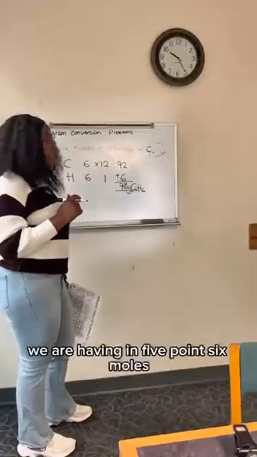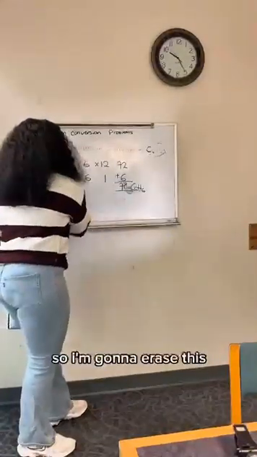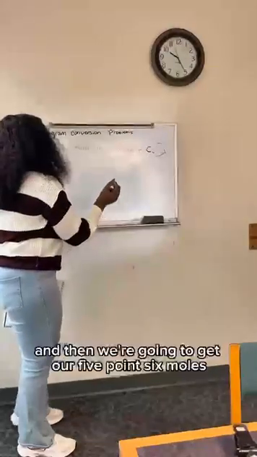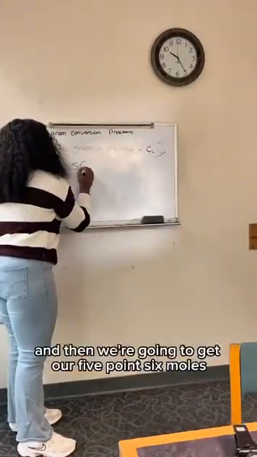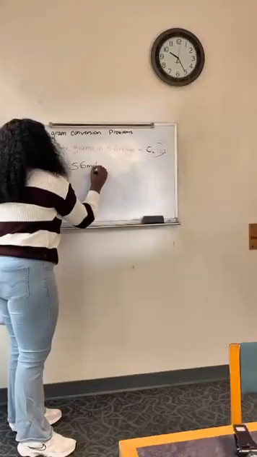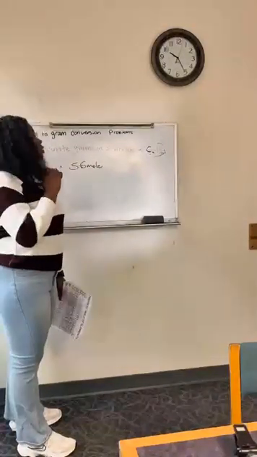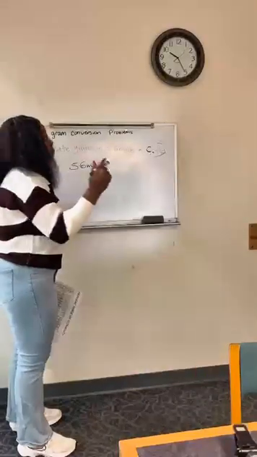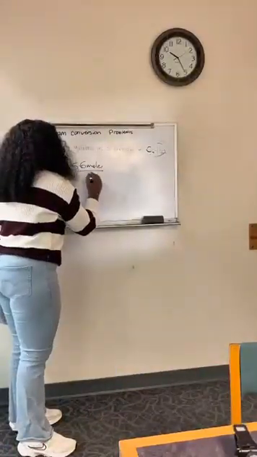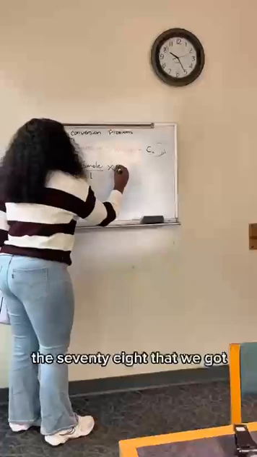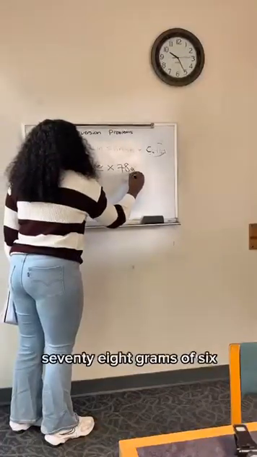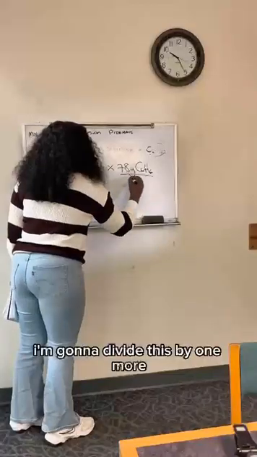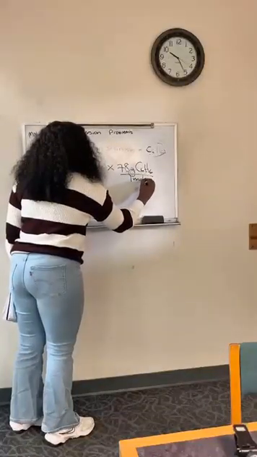Now that we have 78 grams of C6H6, we are going to figure out how many grams we are having in 5.6 moles. So I'm gonna erase this because the board is too tiny. And then we're going to get our 5.6 moles. Since we are finding grams, our grams is always going to be on top. So we're gonna get 5.6 out of 1 times the 78 that we got, 78 grams of C6H6, and we're gonna divide this by 1 mole.